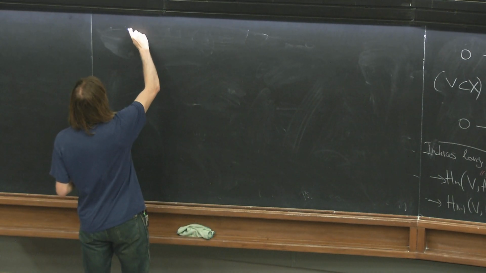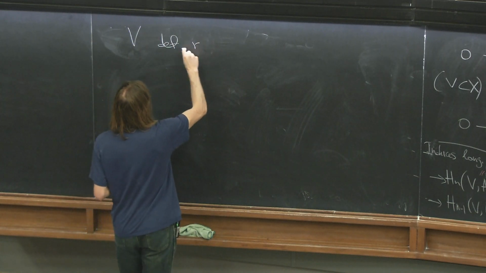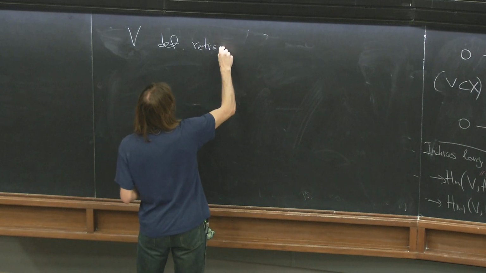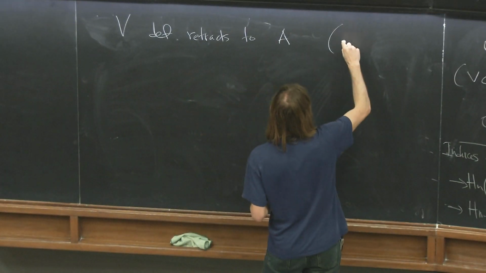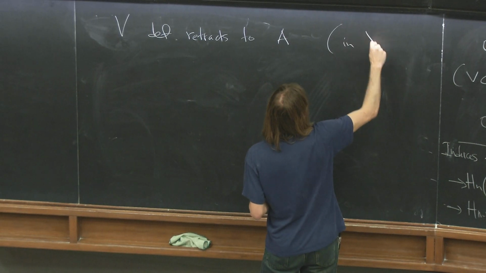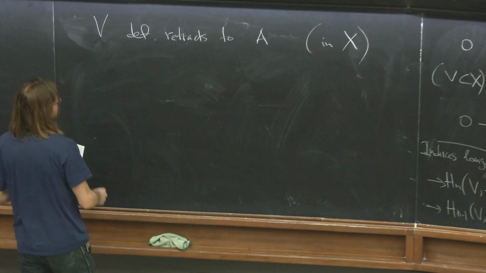We know that this V deformation retracts to A, and these were subspaces in X, right?